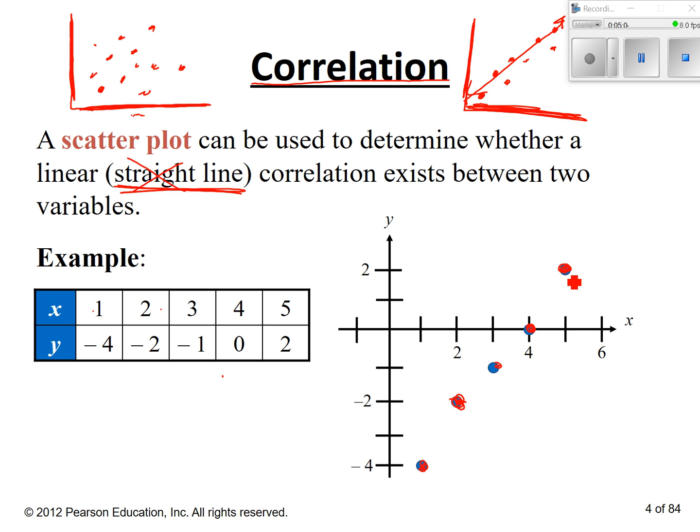Well, as we're looking at that, it looks like as the x goes up, the y also goes up. So if we were going to make a prediction off of that, if we were going to pick x is 6, we would probably guess that the y is going to be something larger than 2. It's also going to go up. That's correlation.